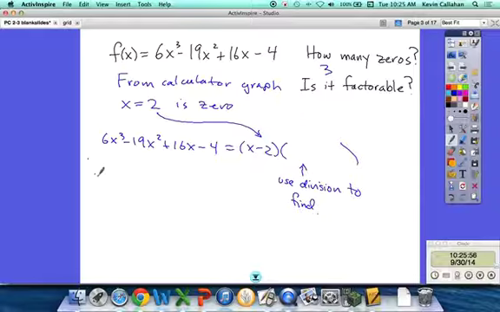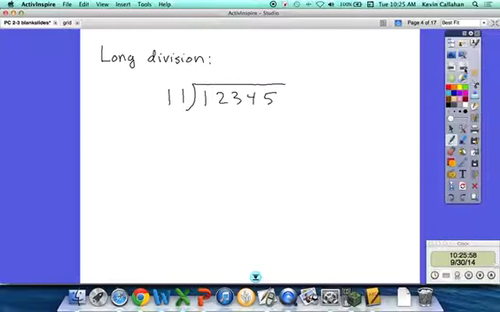Good, Pierce? Okay, so before we do the polynomial long division, let's remind ourselves of the mechanics of doing long division. I just made this problem up, but mostly we want to ask ourselves what kind of things you're doing and what you're saying to yourself as you do this.